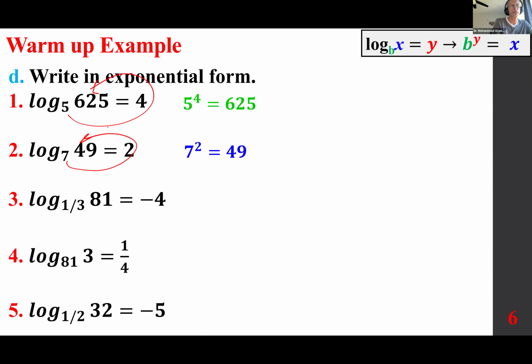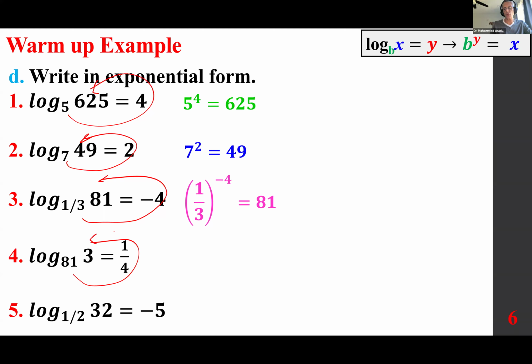Log 81 base 1/3 is -4. That means 1/3 to the power of -4 must be 81. Log 3 base 81 is 1/4. That means 81 to the power of 1/4 must be 3. And obviously, 1/2 to the power of -5 must be 32.